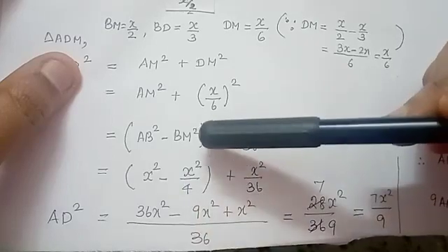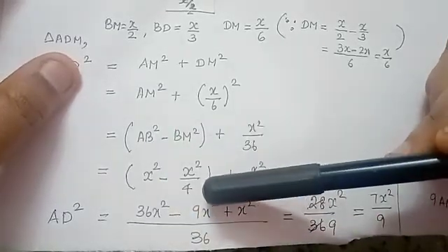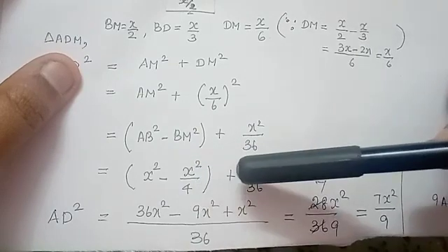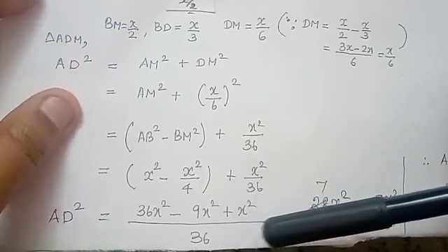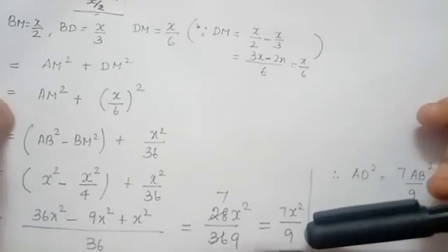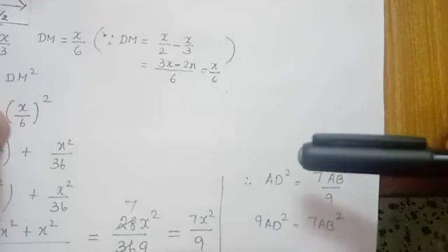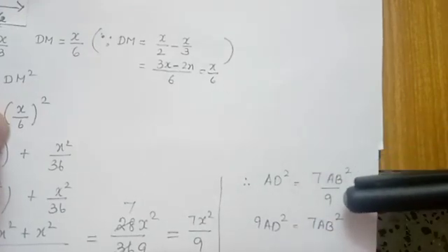AB square is X square, BM square is X by 2 square, so X by 2 square is X square by 4, plus X square by 36. You take 36 as LCM, and after simplifying you will get 7X square by 9.